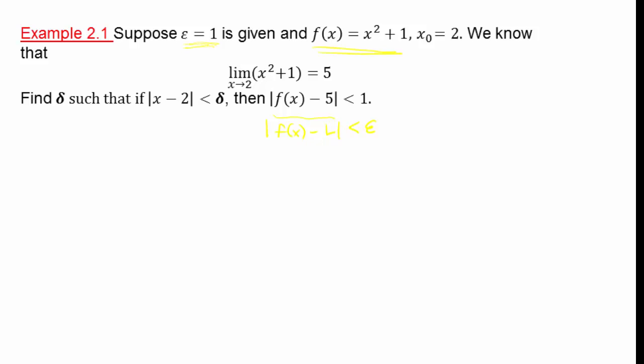Okay, so step 1, we solve the inequality. So let's go ahead and solve the epsilon inequality. Solve the absolute value of x squared plus 1 minus 5, that's your f of x minus L, less than our epsilon, which is 1. That is equal to the absolute value of x squared minus 4 less than 1. And that's the same as x squared minus 4 is between negative 1 and 1.